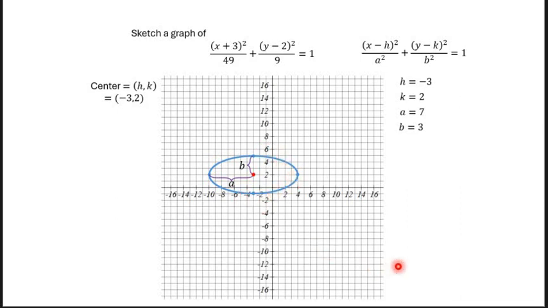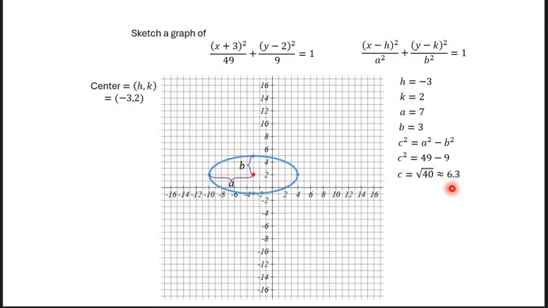Now the last thing I'd want to find out is where the foci are. And I have a and b, so I'm going to use the formula c squared equals a squared minus b squared to find the value of c. Well, a squared is 49, as we see. B squared is 9. So you subtract those, you get that c is equal to the square root of 40.